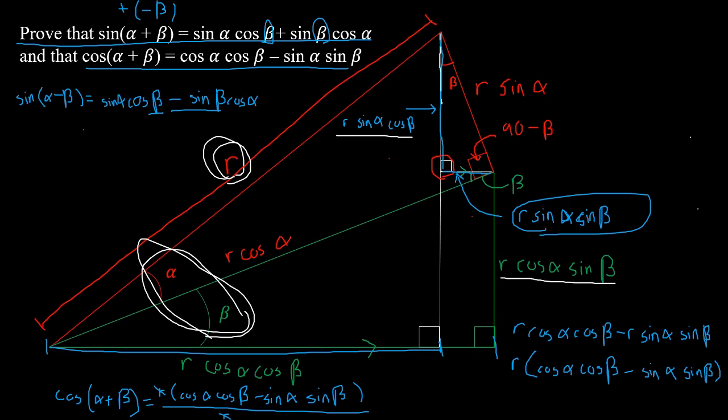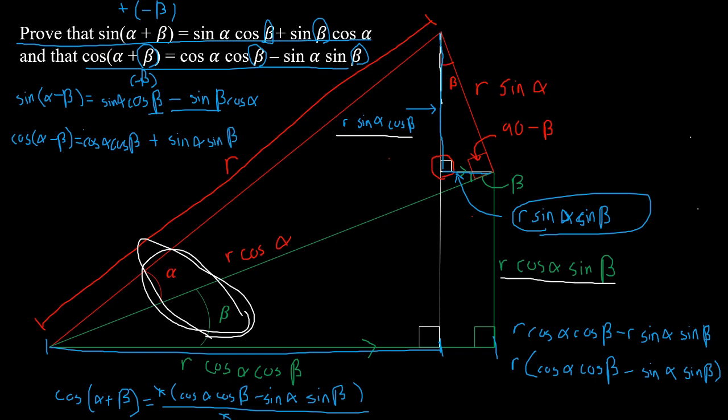I'm going to do a similar thing with cosine. I'm going to erase a few more things. You can replace this beta with a minus beta, and replace it over here as well. And you're going to find that cosine alpha minus beta is equal to cosine alpha cosine beta plus sine alpha sine beta.